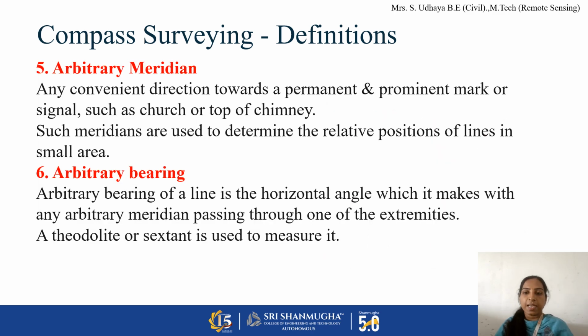The third type is called arbitrary meridian and arbitrary bearing. Arbitrary meridian is used if we don't have any access to a compass, or we are not aware of the true north direction. We can still continue the survey by using any prominent permanent objects present in our locality, like a church spire or the top of a chimney.